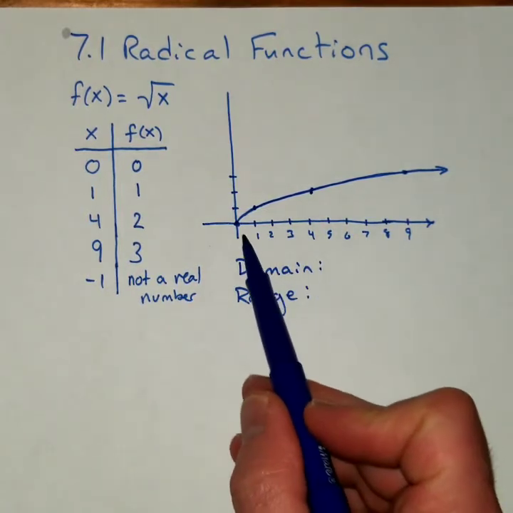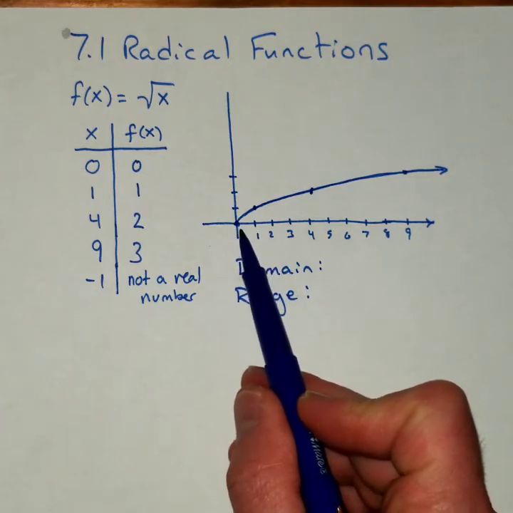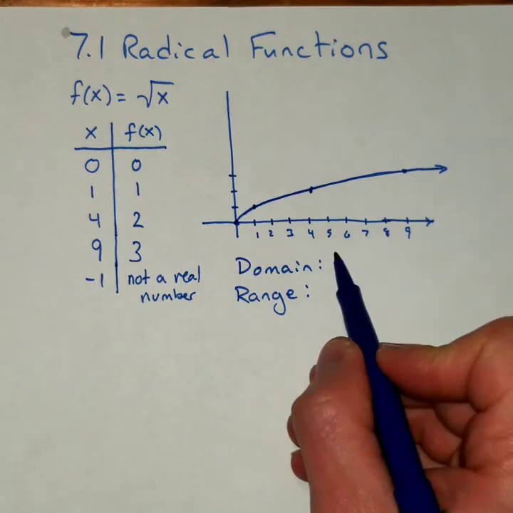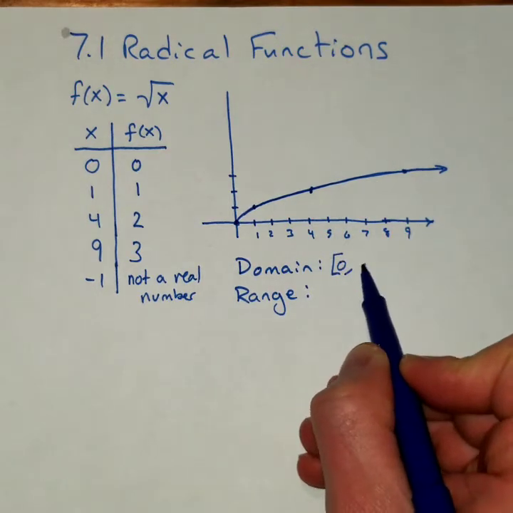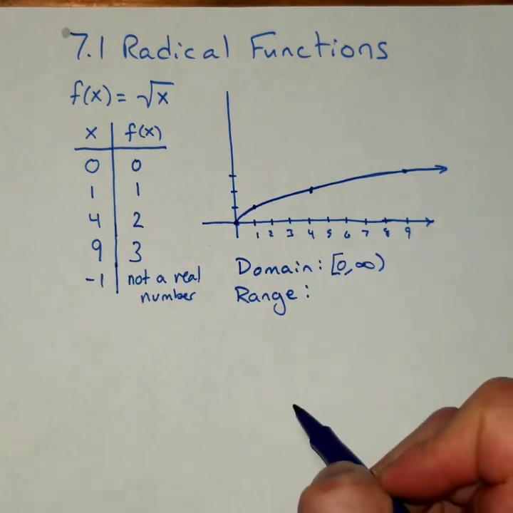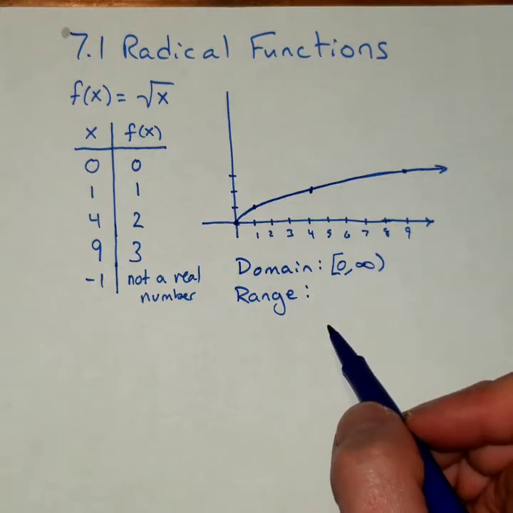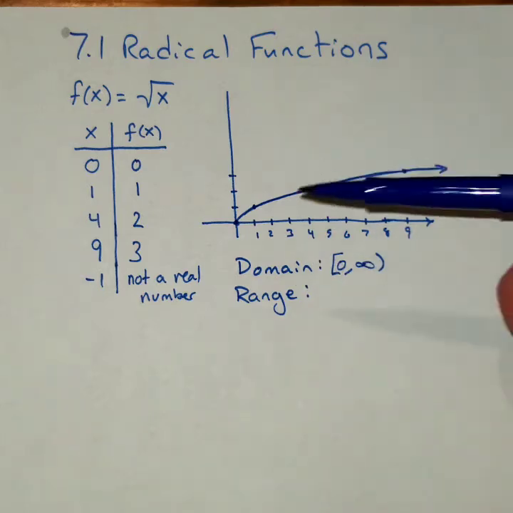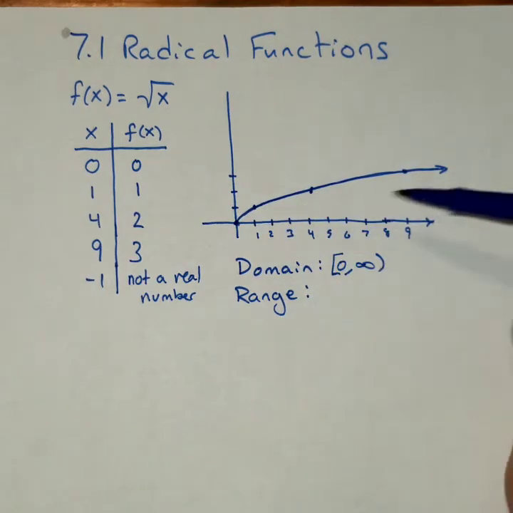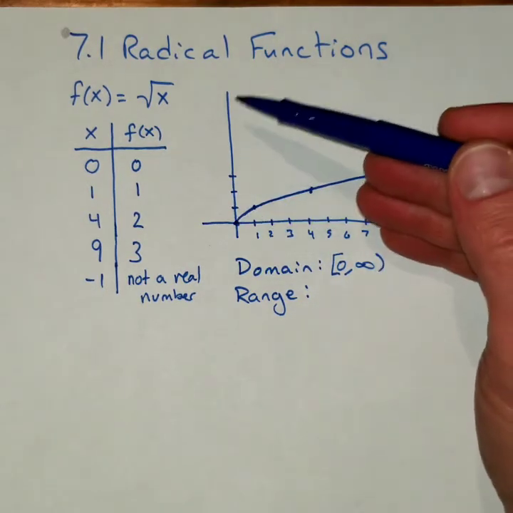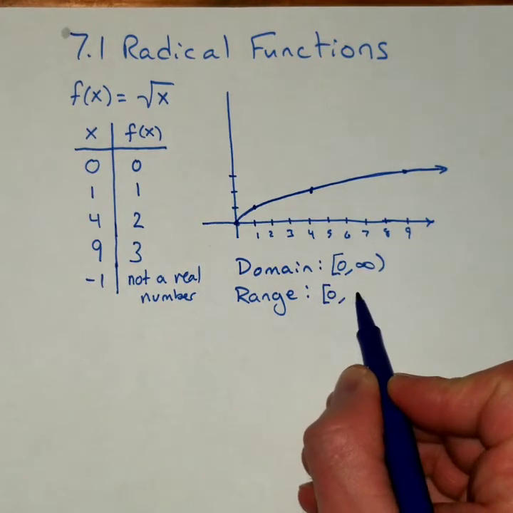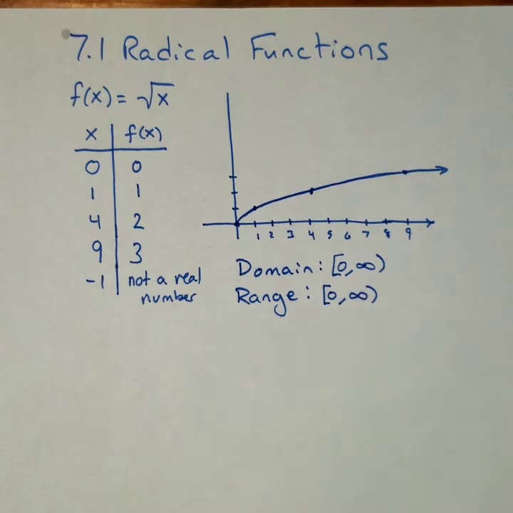So the domain gives you all the x values covered by the graph, in this case from 0 out to infinity. Okay, so the domain is all of our positive numbers and 0. Those are the things that we can plug into the square root. The range is going to be the outputs. And again, this graph covers everything from 0 up to infinity in the y direction. Okay, so our domain and range are both 0 to infinity.